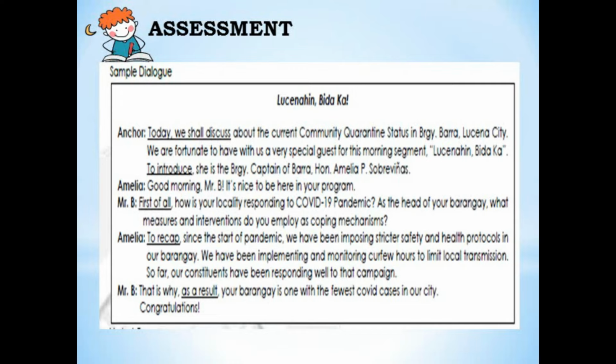We have been implementing and monitoring curfew hours to limit local transmission. So far, our constituents have been responding well to that campaign. Mr. B, that is why, as a result, your barangay is one with the fewest COVID cases in our city. Congratulations!